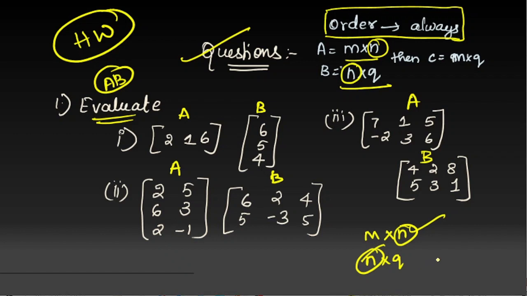So m into q is the order of your C matrix. But when you talk about the order, always A is m by n and B matrix should be n by q. Keep this in your mind and solve all these problems.